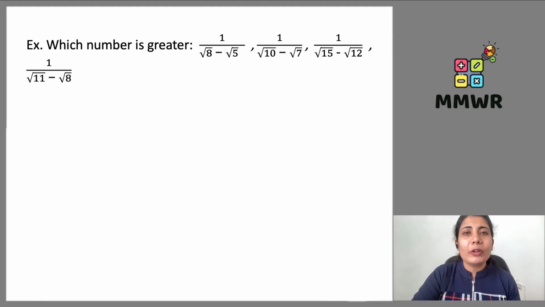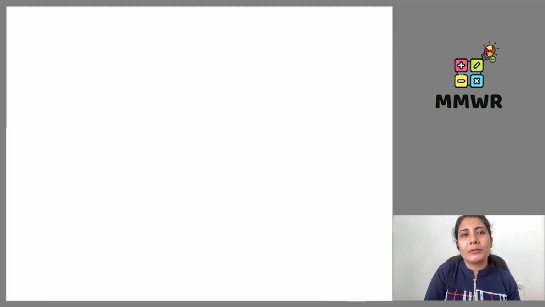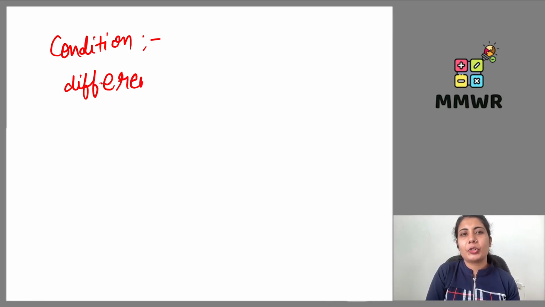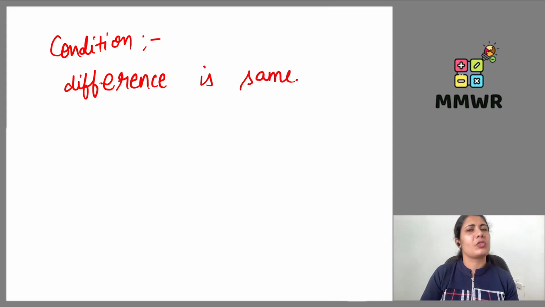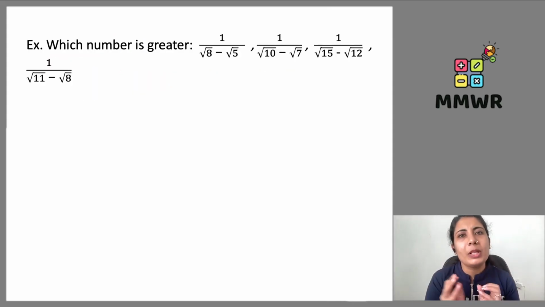But before we move ahead, I would like to give you the condition here. In case of difference, in case of subtraction, the difference is going to be the same everywhere. Difference should be same. Then we can take the help of the shortcut way also, but sometimes in this case the shortcut method will be a bit difficult to remember.